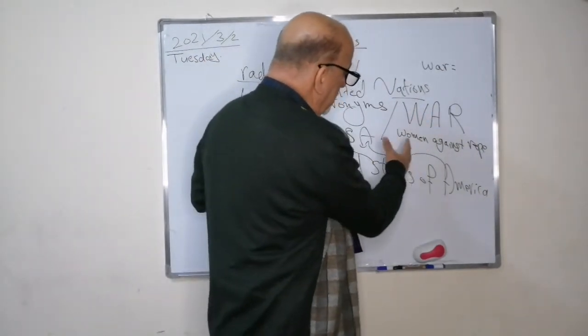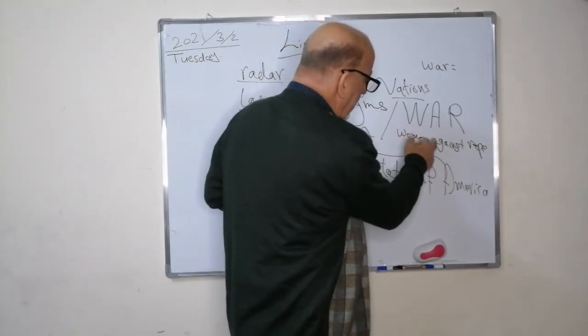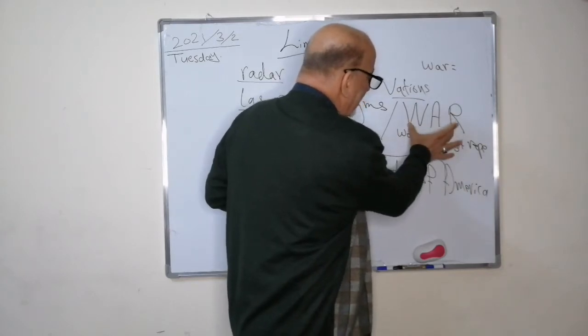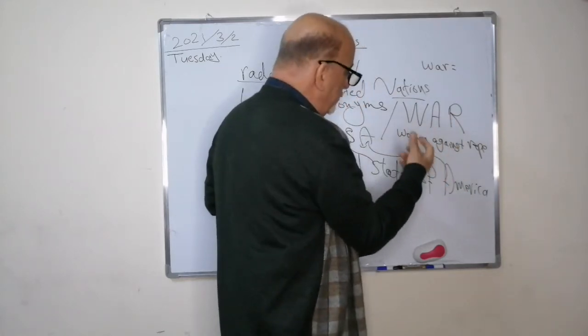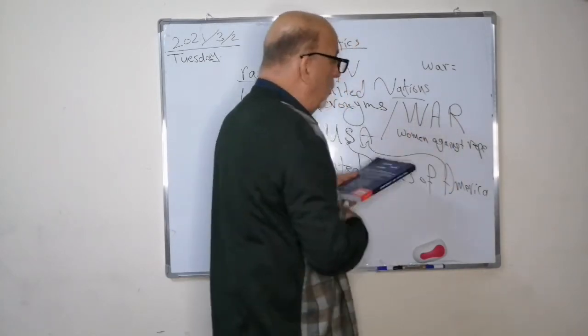Now see here that we took W from Women, A from Against, R from Rape. I have added a new word into English. What is it? War.